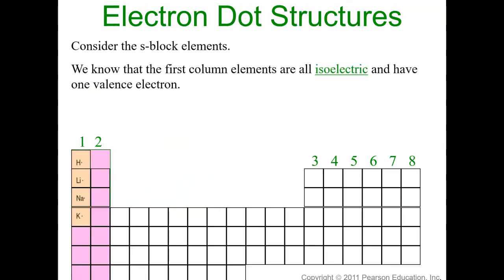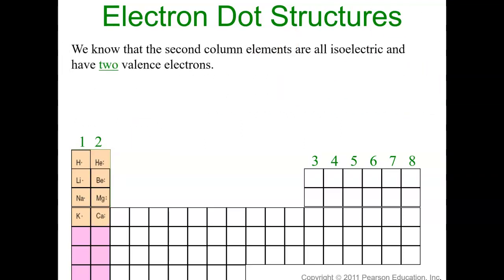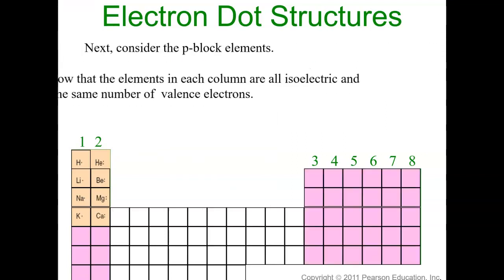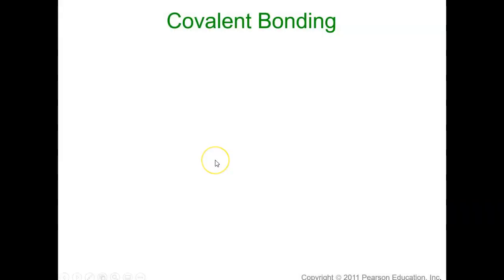So group 1 has 1 valence electron, so 1 dot. 1 dot is 1 electron. Group 2 has 2 dots, 2 valence electrons. Group 3 has 3 dots, 4 dots, 5 dots, 6 dots, 7 dots, 8 dots, right? And so these are how we represent the valence electrons.